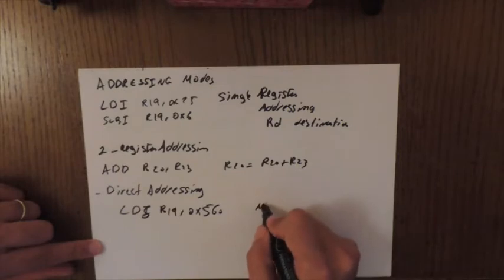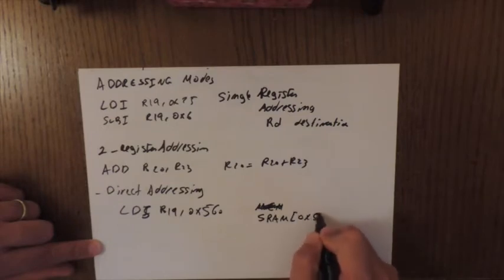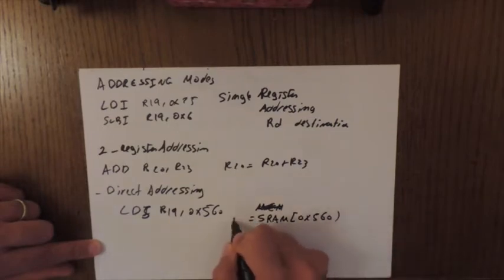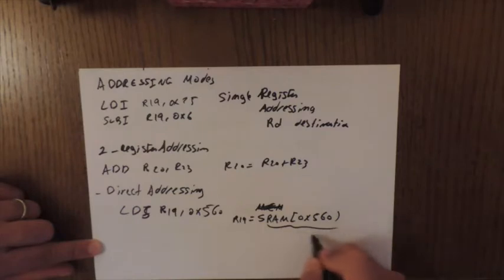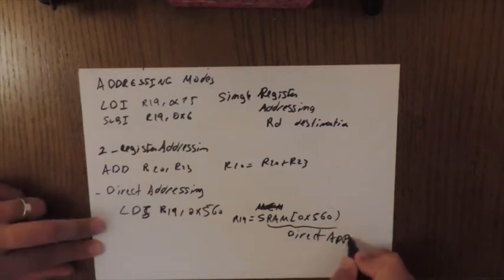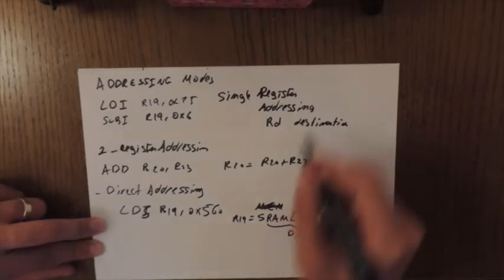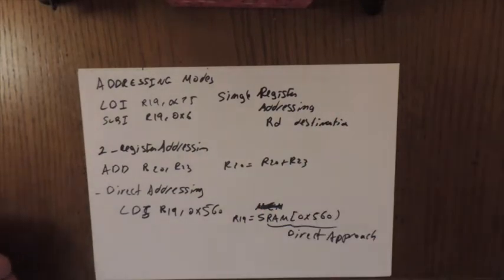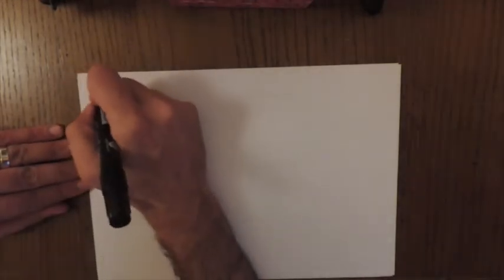In this case, we're doing memory or SRAM of 0x560 will be equal to R19. So here we're doing a direct approach. And we've all seen these techniques in previous lectures. However, what we want to explain now is the indirect addressing mode, which is the topic of this lecture.